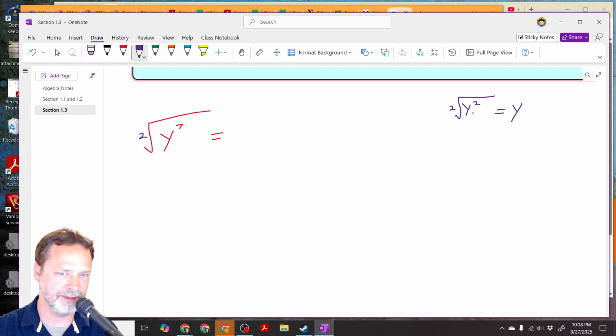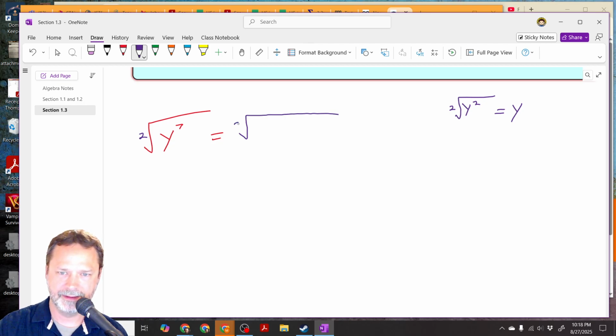Most of the time, that's all we really have to worry about: what can I take out of the square root? So I want to rewrite this y to the 7th as a bunch of y squareds, as many as I can. So I can say it's y squared times y squared times y squared times y.